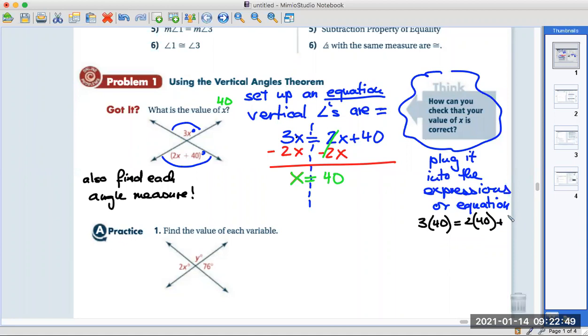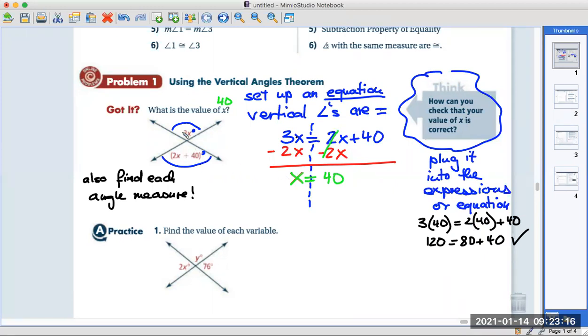Well, there's a lot of 40s here. So let's check one side: 3 times 4 is 12 and attach a 0. 2 times 4 is 8 and attach a 0, plus 40. That's true. 120 is 80 plus 40. Check it out. So we found the right number. You can always check by plugging it back in.